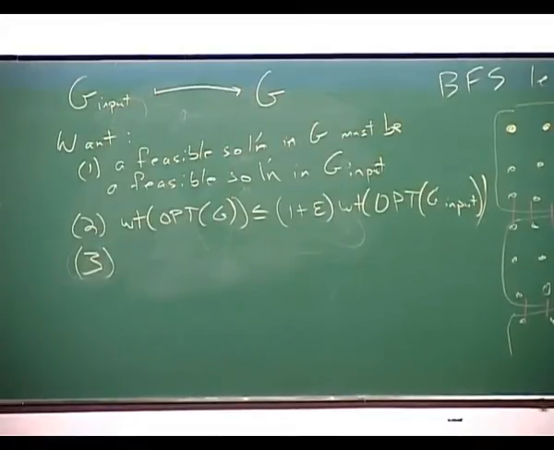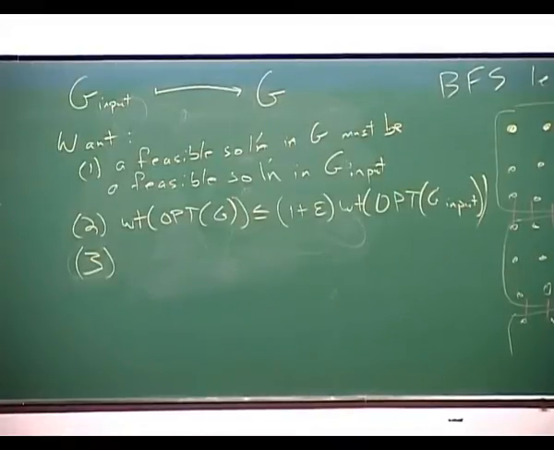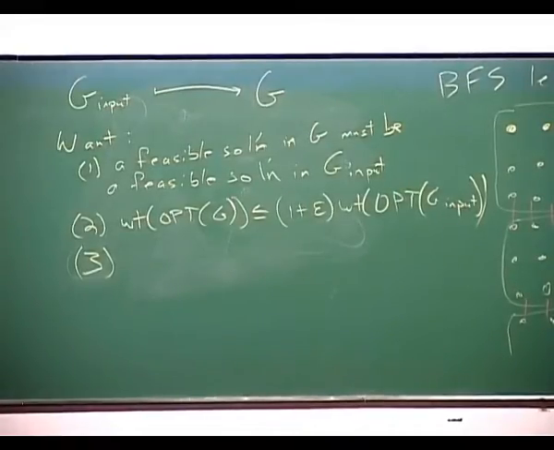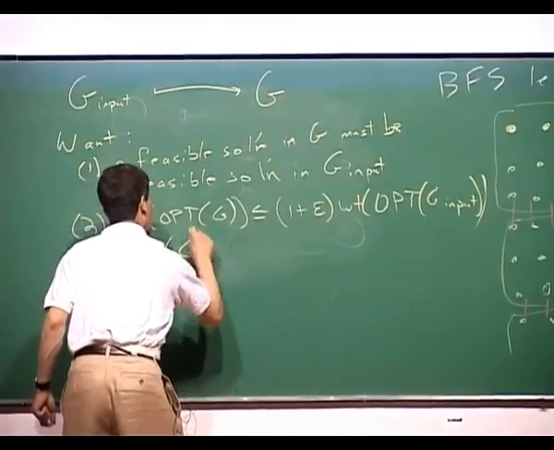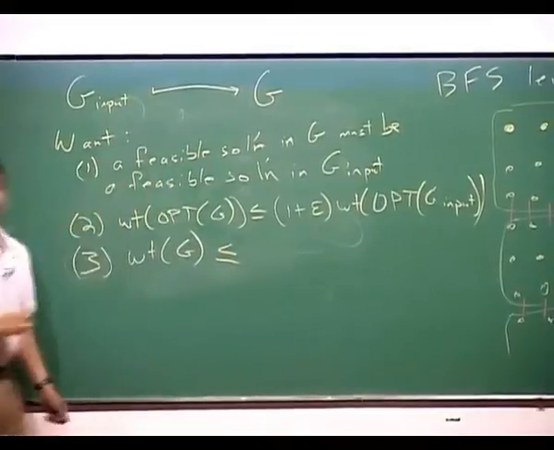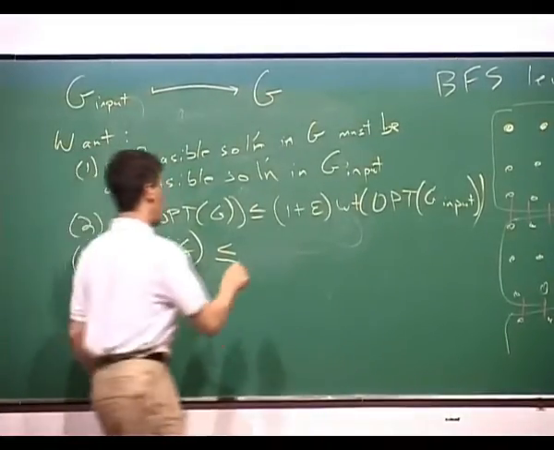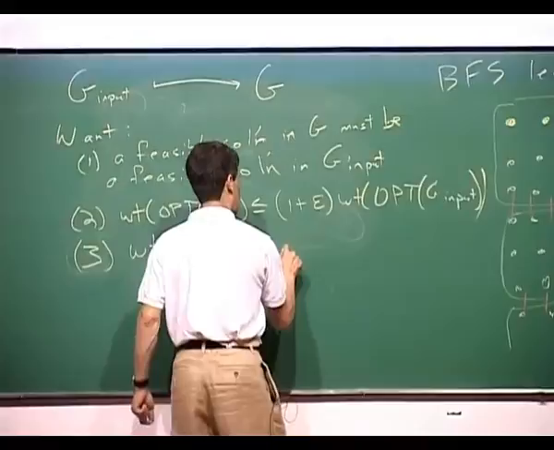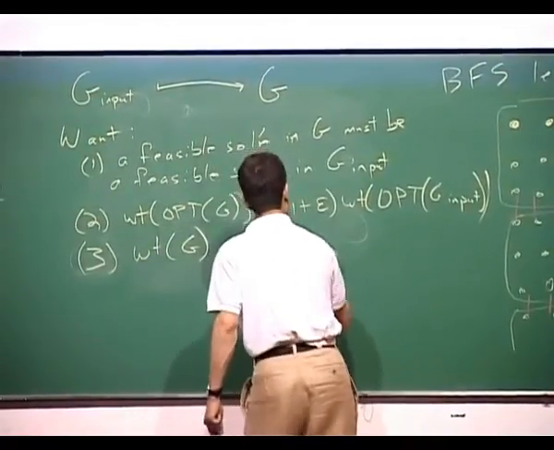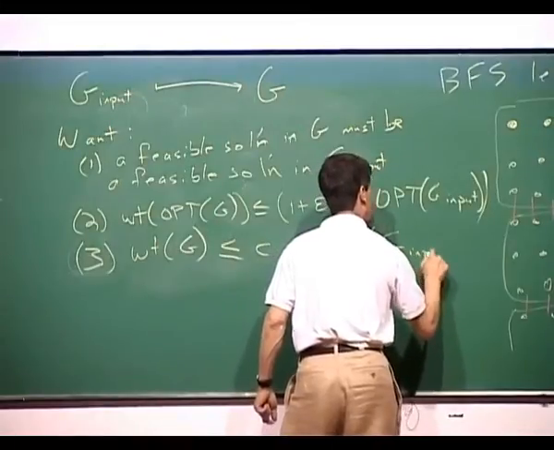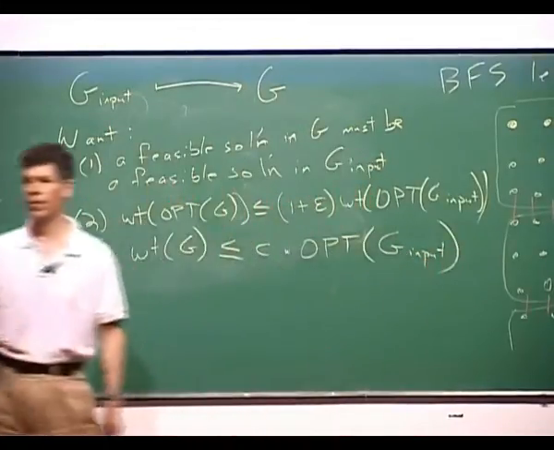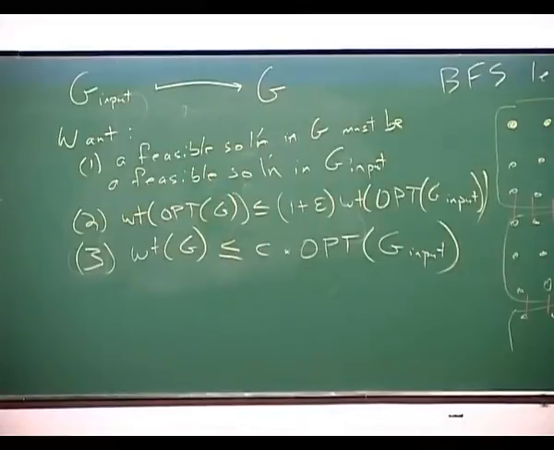So the weight of G should not be too much larger than the weight of opt. Right. The weight of G is at most some constant, let's say, times the optimum in the original graph. So we're going to thin this graph down to something that has many fewer edges.